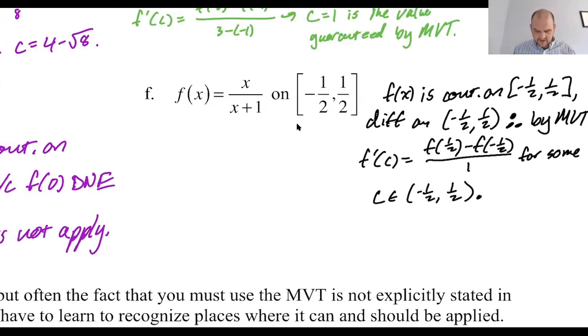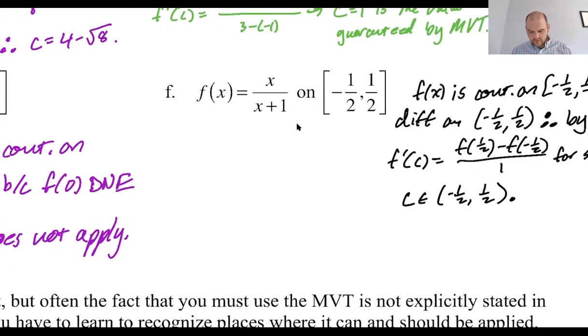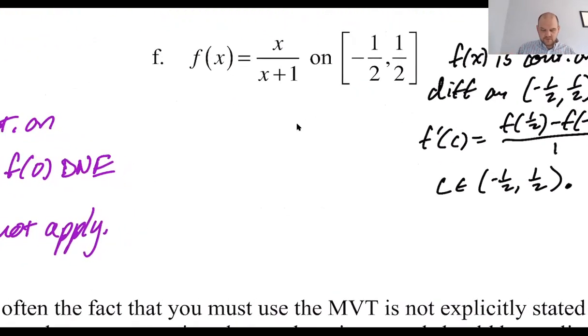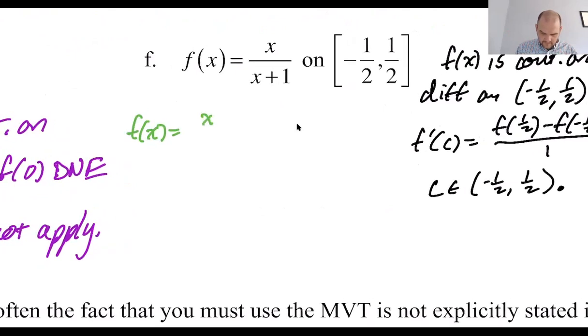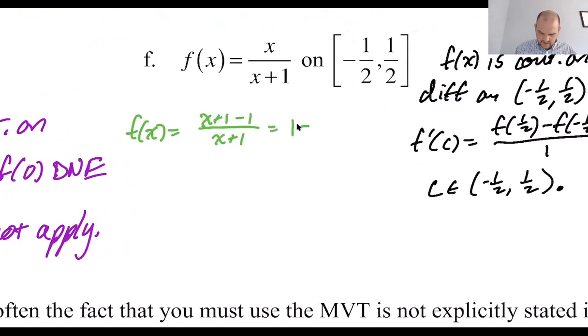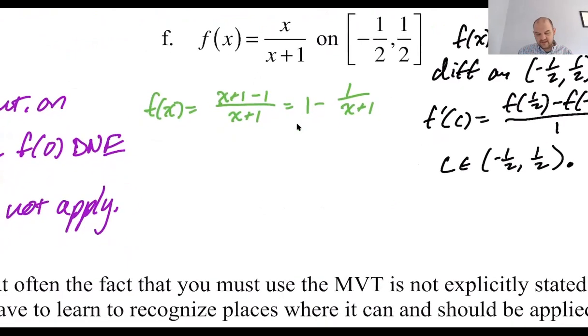So before I take the derivative here, I'm going to rewrite f of x. I'm going to do the +1 -1 trick. f of x is x plus 1 minus 1 over x plus 1, which is 1 minus 1 over x plus 1. Okay, and then I'll take the derivative of that, kind of in my head.